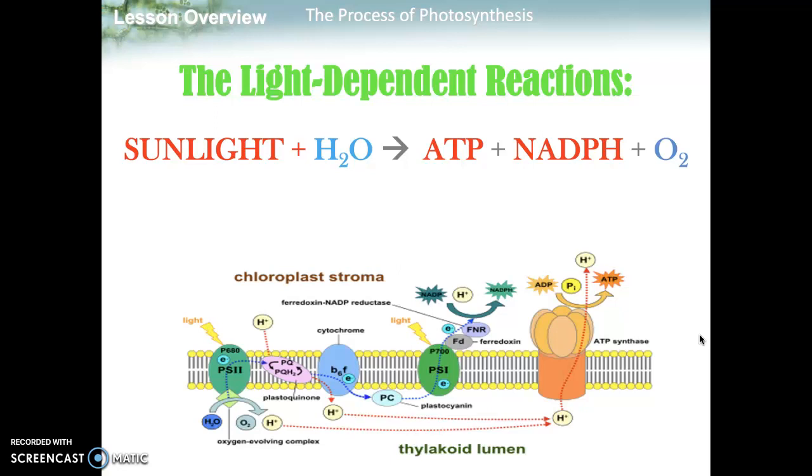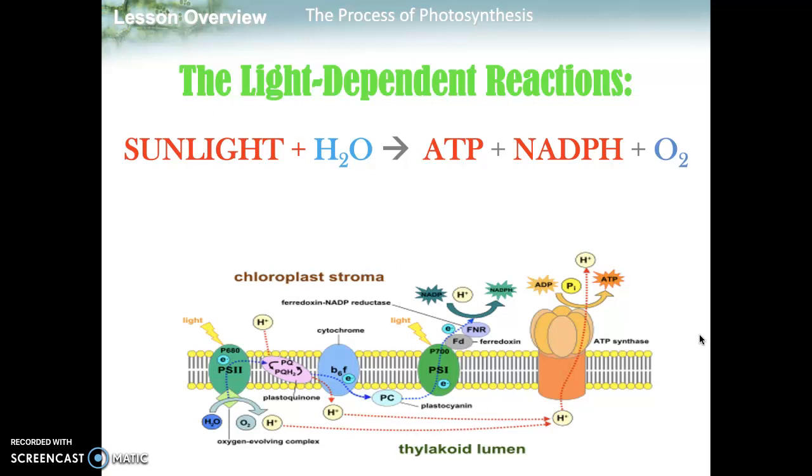So this is where the water comes in that we said plants have to take in. The sunlight is used to break down water, mainly to get the hydrogen out of there, what we will call some high energy electrons, and from that we can produce ATP and NADPH, and I have color coded those red to indicate that these are energy molecules.